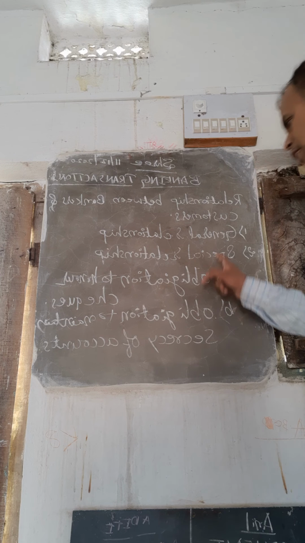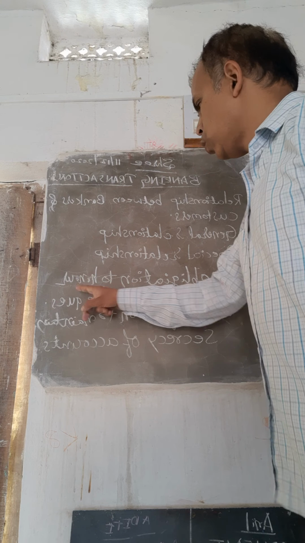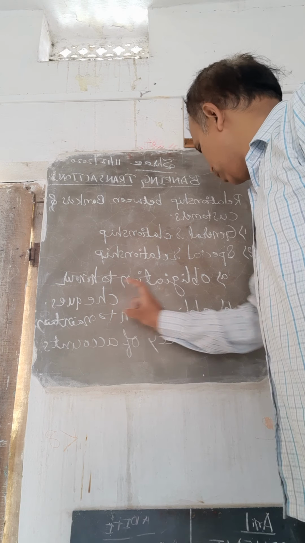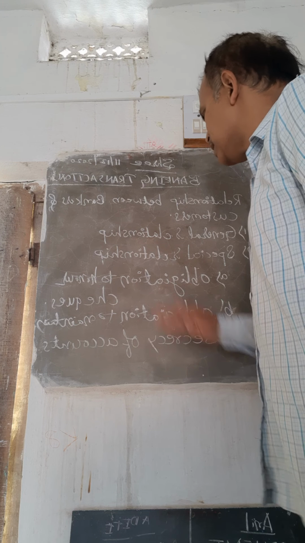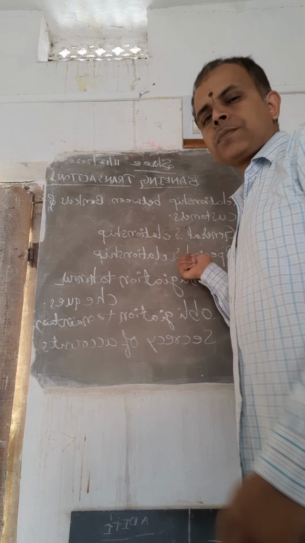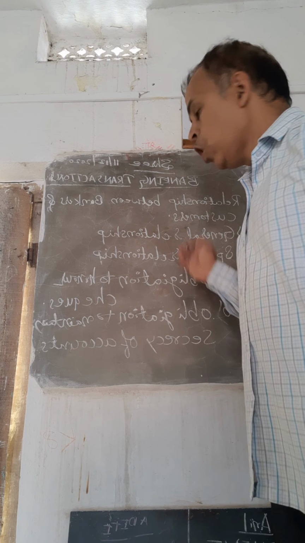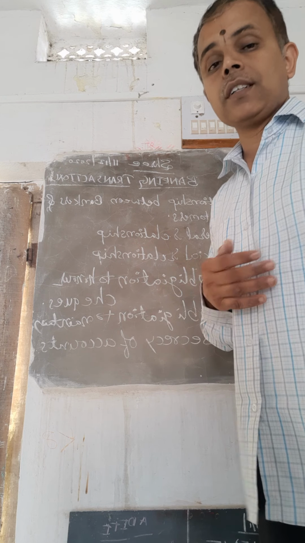Under the special relationship, the first one is the obligation to honor checks, and the second is the obligation to maintain the secrecy of accounts. The first, the obligation to honor checks, is most important. Both are important.